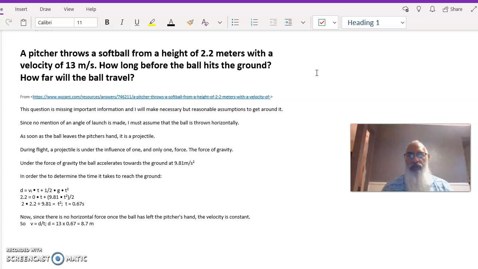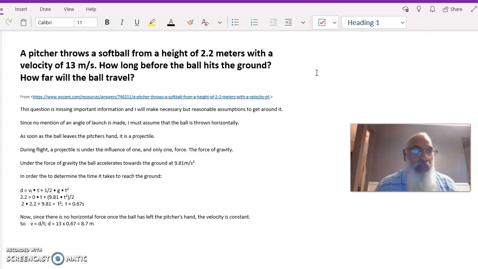The thrower is not throwing it downwards. That is why it is important to mention whether the projection is horizontal or at some angle. And that is why we had to make that assumption, because the initial vertical velocity has to be zero for us to be able to calculate whatever we're trying to calculate.